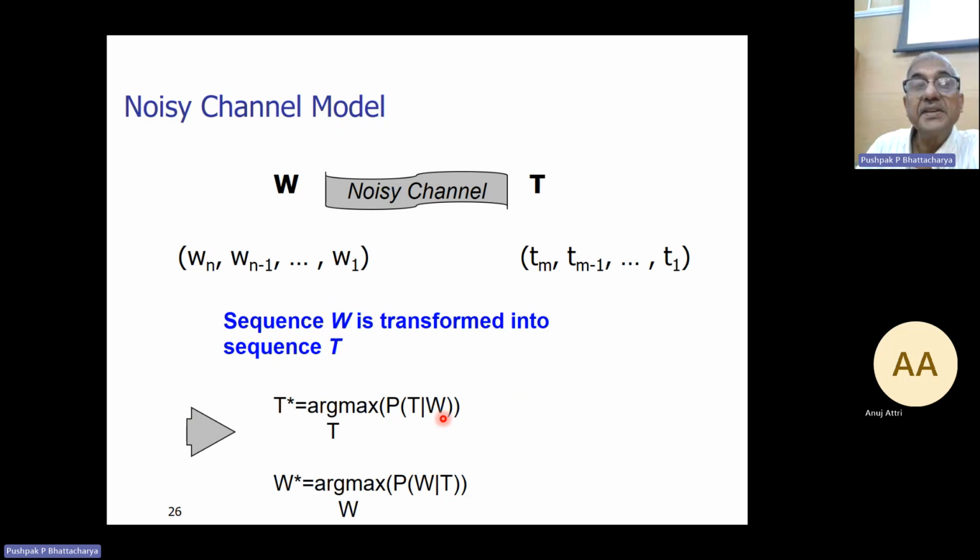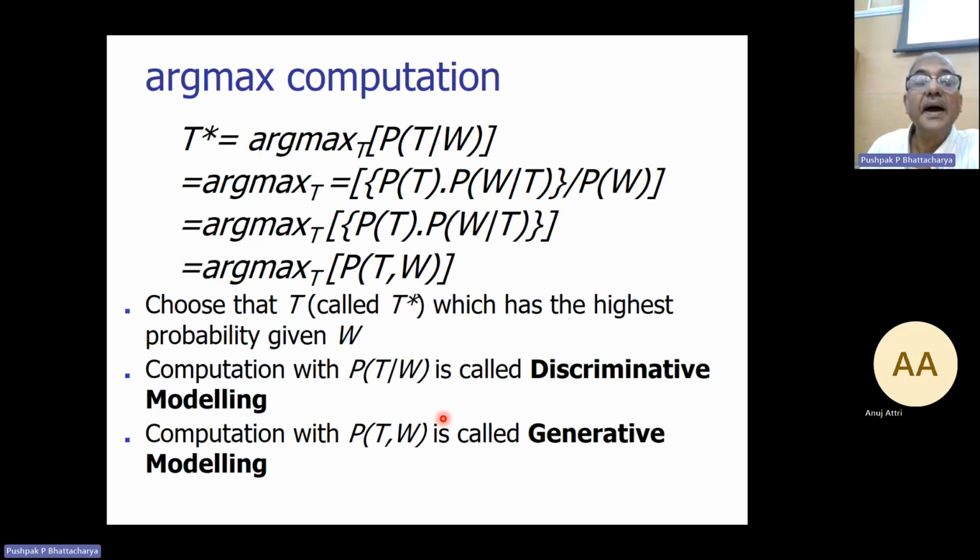But if we apply Bayes theorem, okay, and then take these two components, the prior probability P(T) and probability of W given T, the denominator can be ignored. Then P(T) into P(W given T) is actually joint probability of T comma W. So this joint probability being used takes us to what is called the generative model. Okay, so discriminative model and generative model.